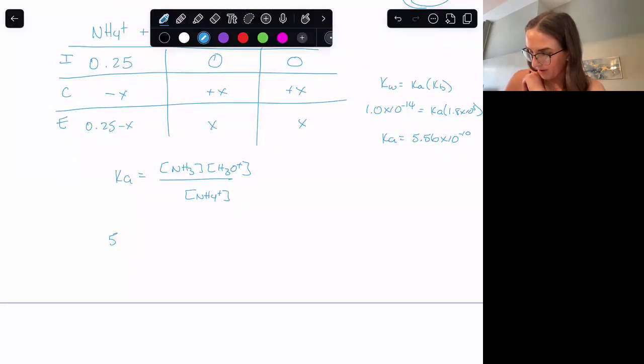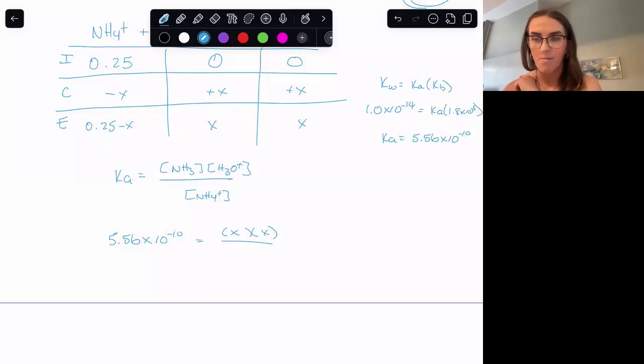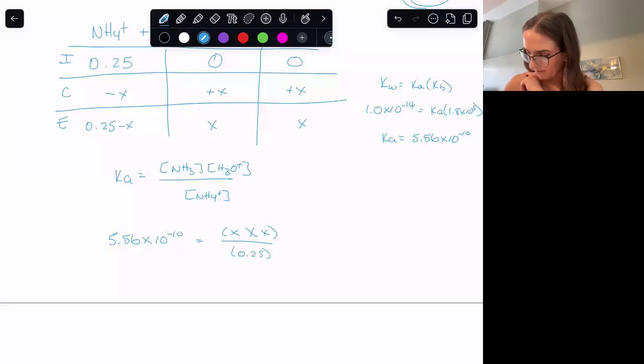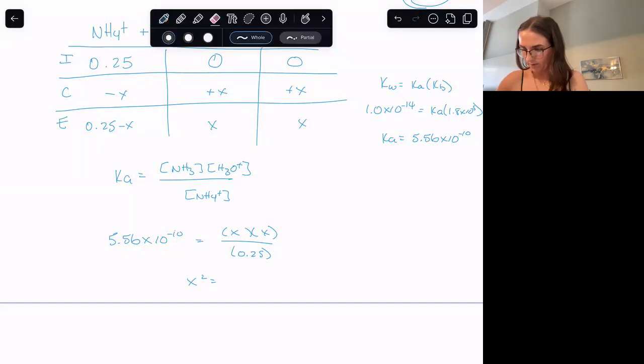So we have 5.56 times 10 to the negative 10 is equal to x times x over 0.25. Are we able to use the approximation here? Yes. So we get x squared, I guess, let's do it open.